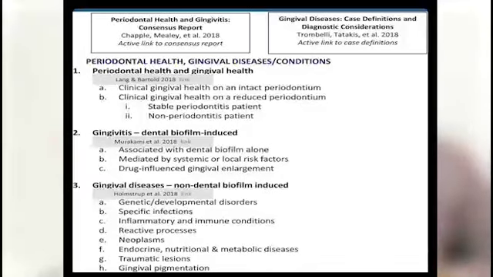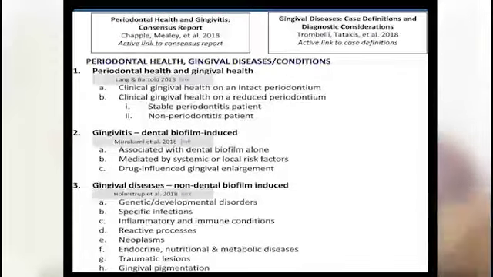And the third one, gingival diseases that are non-dental biofilm induced. A, genetic developmental disorders. B, specific infections. C, inflammatory and immune conditions. D, reactive processes. E, neoplasms.